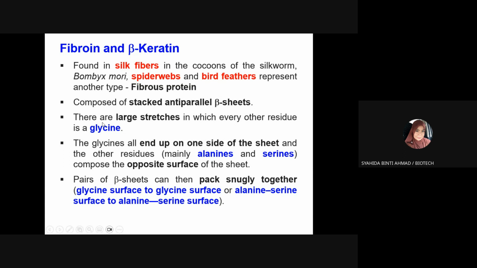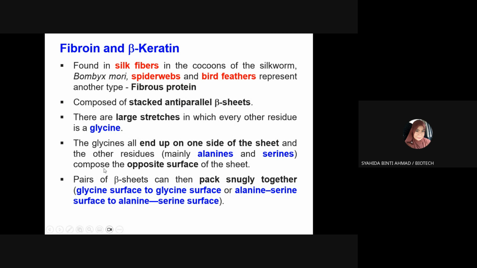There are large stretches of glycine, so you can see a lot of glycine sequence in the structure of this beta keratin. The glycine will all end up on one side of the sheet, and other residues are alanine and serine. These are all non-polar, the first group of amino acids.